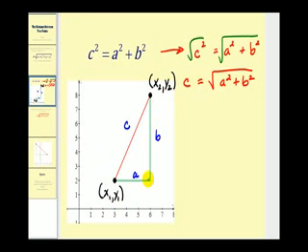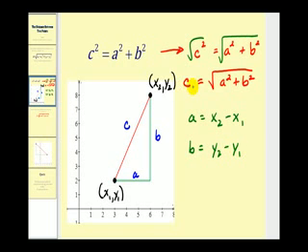Notice the length of this side A would be determined by the distance between x sub 1 and x sub 2. So A would be equal to x sub 2 minus x sub 1. And the length of B would be determined by the y coordinates of these 2 points, which would be the difference between y sub 2 and y sub 1. So B would be equal to y sub 2 minus y sub 1.